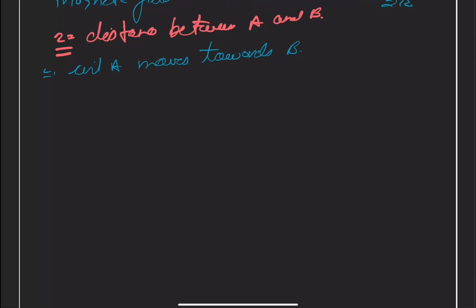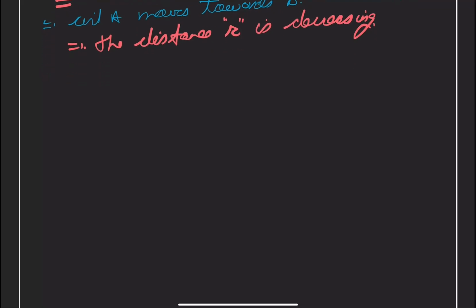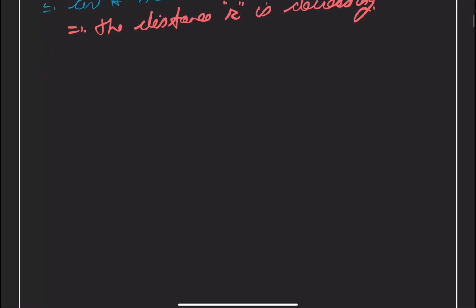So you can say the distance R is decreasing, or we can say the magnetic field B_A is changing over time.